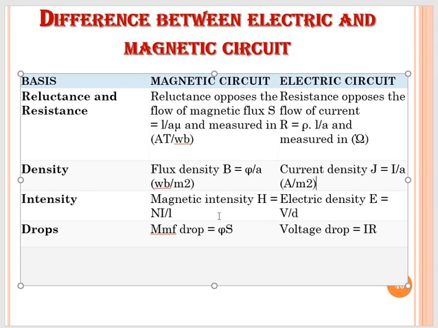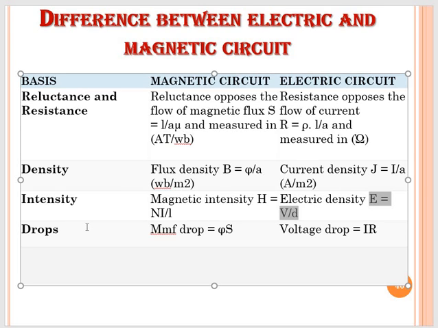Now intensity. Magnetic intensity H is given by NI divided by L, and electric intensity is given by E equal to V by d. The unit for H is ampere turn per meter, and the unit for electric intensity is volt per meter.